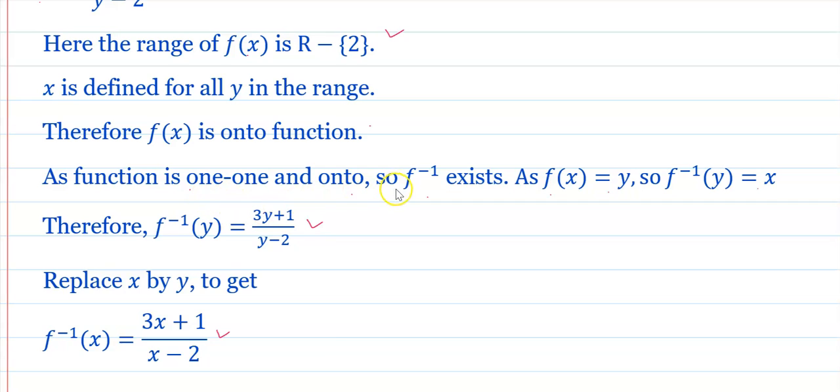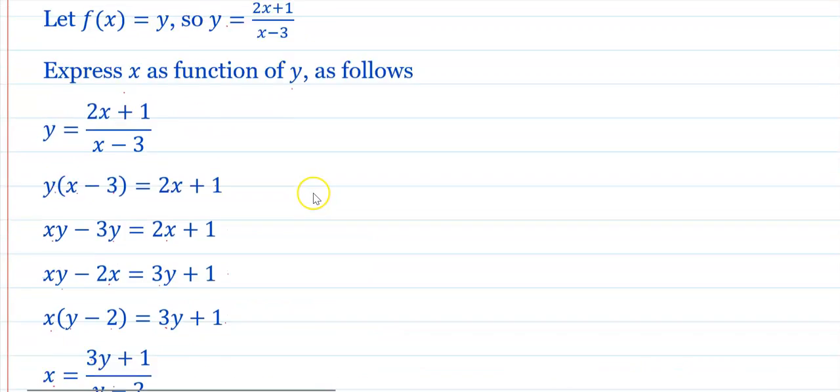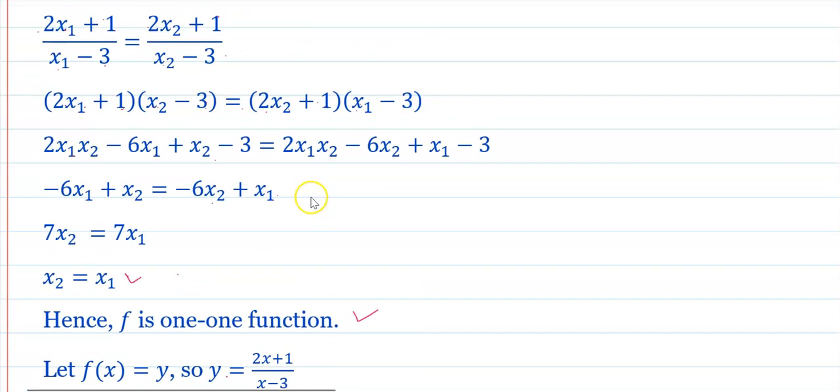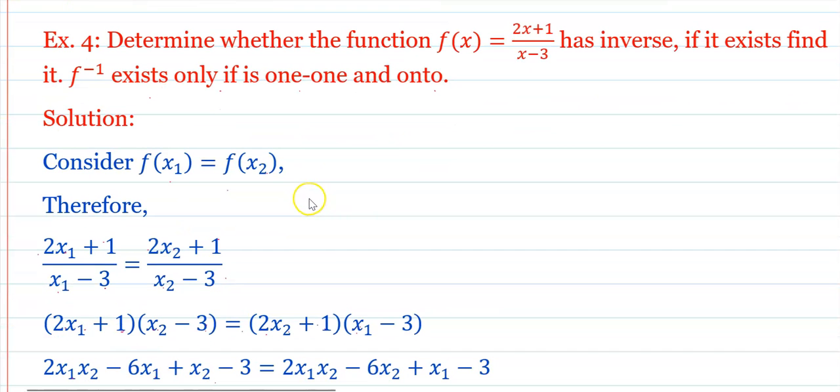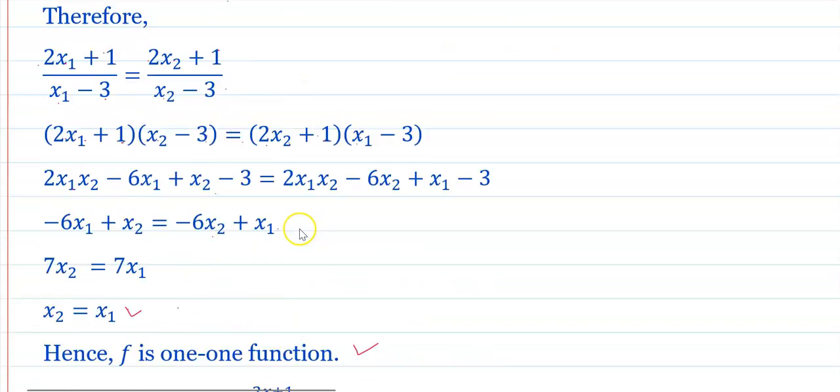As it is one-one and onto, f inverse exists. F inverse of y is equal to x. F inverse of y is equal to 3y plus 1 upon y minus 2. Replace y by x, then you will get f inverse of x. These are slightly tough problems, and you need some practice. You have to practice more and more. This type of problem is very lengthy and requires more logical thinking also.